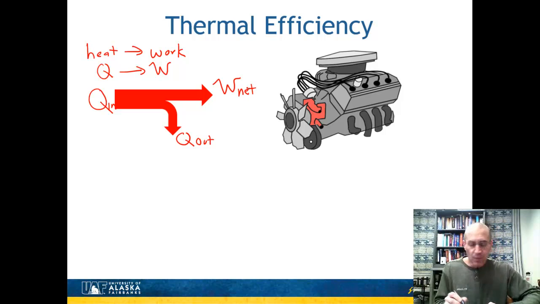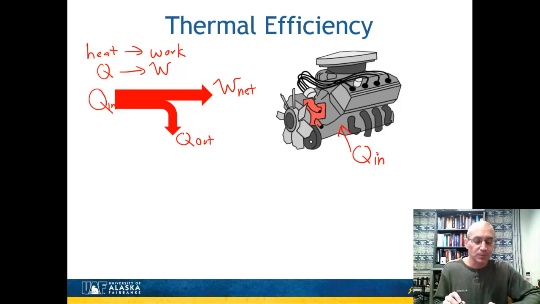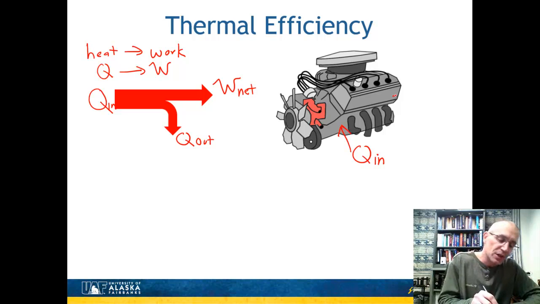All right. So if we think of a device that converts heat into work, this engine over here that I show on the right would be an example of one. And so the heat addition, what that is, is the burning of the fuel causes this to be hot. So we can think of that as the Q in, which is the fuel that is being burned. As this turns, it's going to generate a torque.